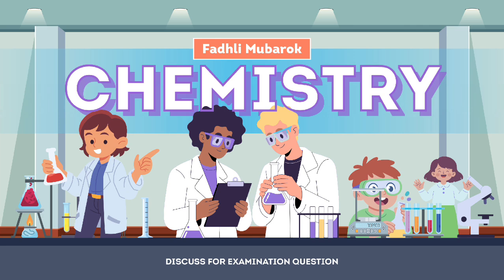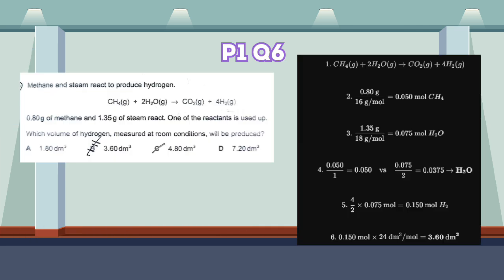We'll discuss questions from the examination of chemistry 9702 Cambridge International Education. For the first question, first let's convert the masses to moles. 0.80 grams of methane divided by its molar mass of 16 gives us 0.05 moles.